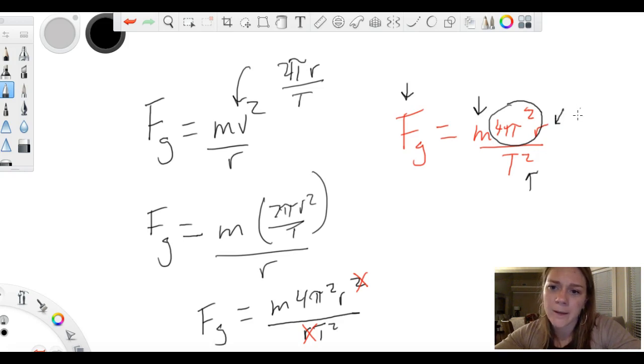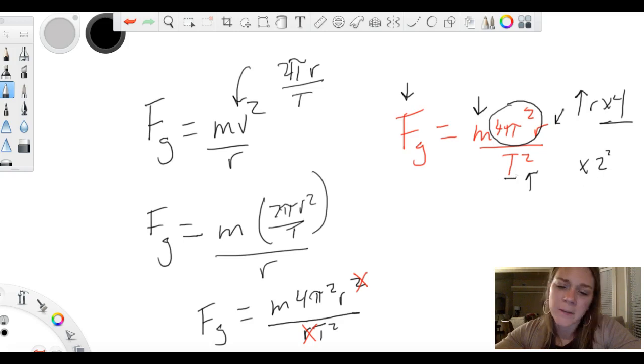If I increase the radius by a factor of 4, what did the period do? Well, the period is going to have to be doubled because of that squared value on there, because I want it to remain the same ratio. And since I'm multiplying the top by 4, I want to multiply the bottom by 4, but that means the period is only going to double.